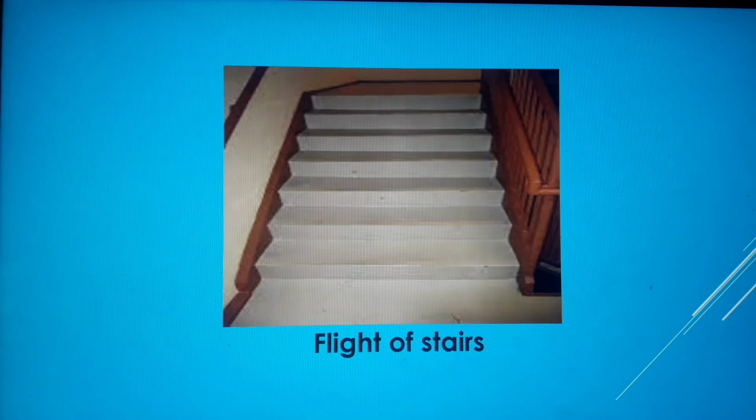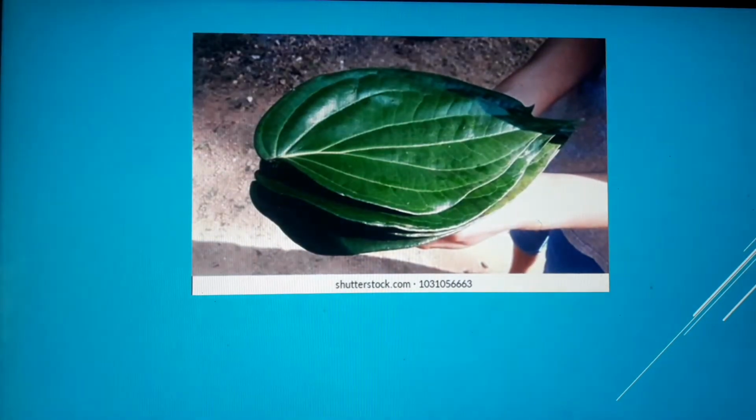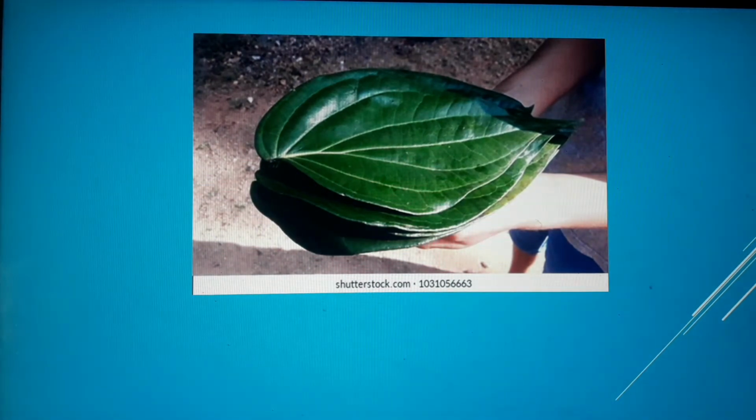The next one is, here you see some leaves. What are the leaves? Betel leaves. How can you say in collective noun? A sheaf of betel. That is the collective noun.